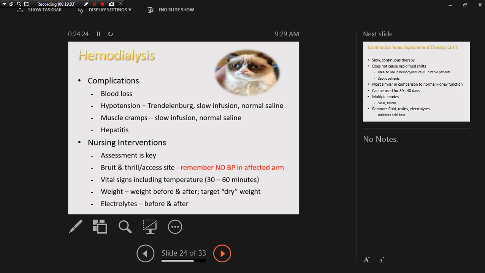So we'll talk a lot about dry weight, and that's our target when we're taking fluid off with dialysis, getting them to their dry weight. What are their electrolytes before and after? So some of the key electrolytes that we obviously will watch: potassium, magnesium, phos, maybe a little bit of sodium.